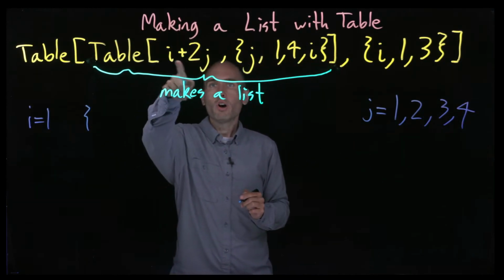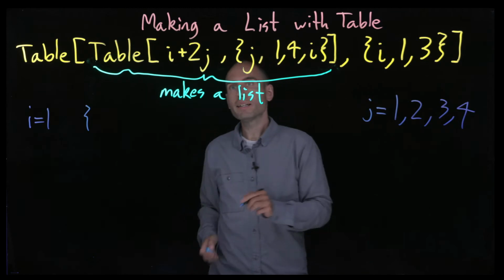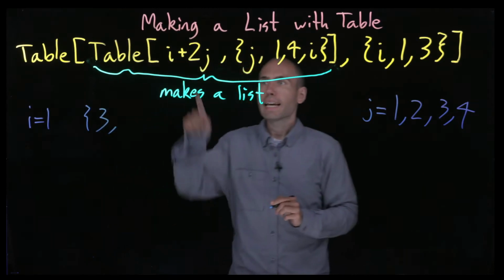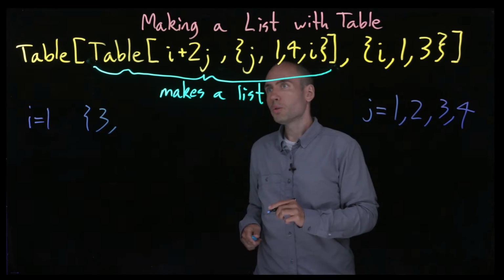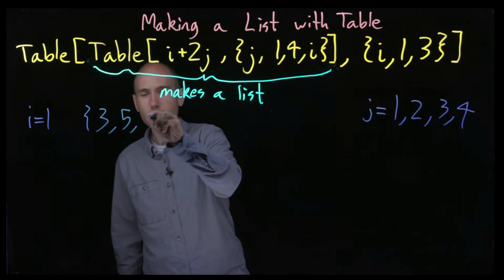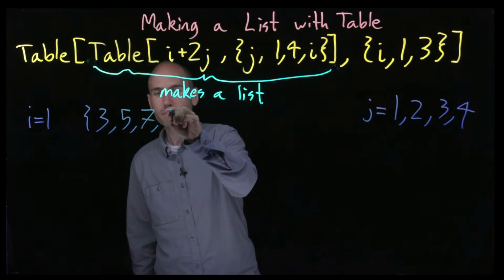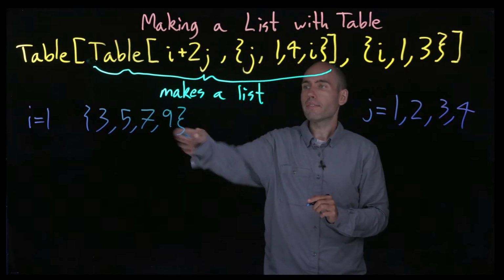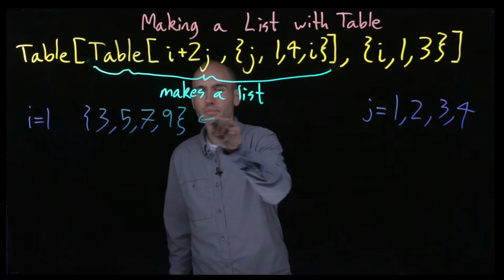And so I have 1 plus 2 times 1, so I have 3. Then I have 1 plus 2 times 2, so I have 5. And I can see the pattern. It's going up by 2. Okay, so this is my first inside list.